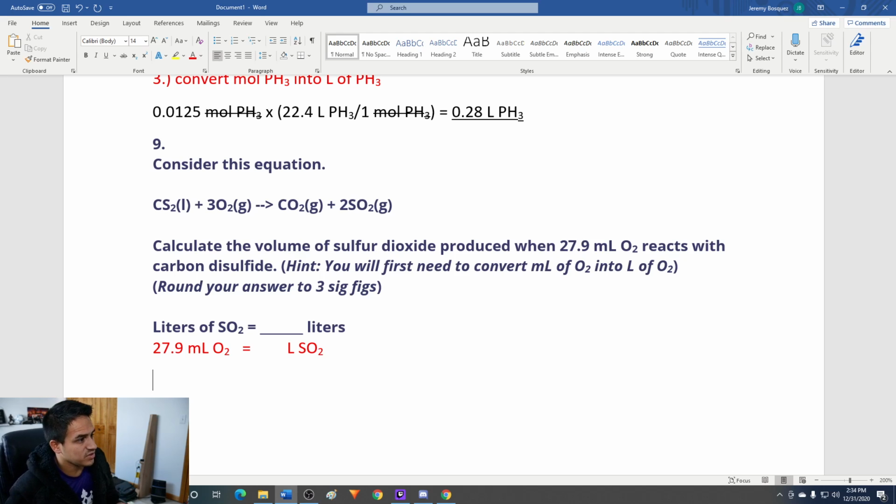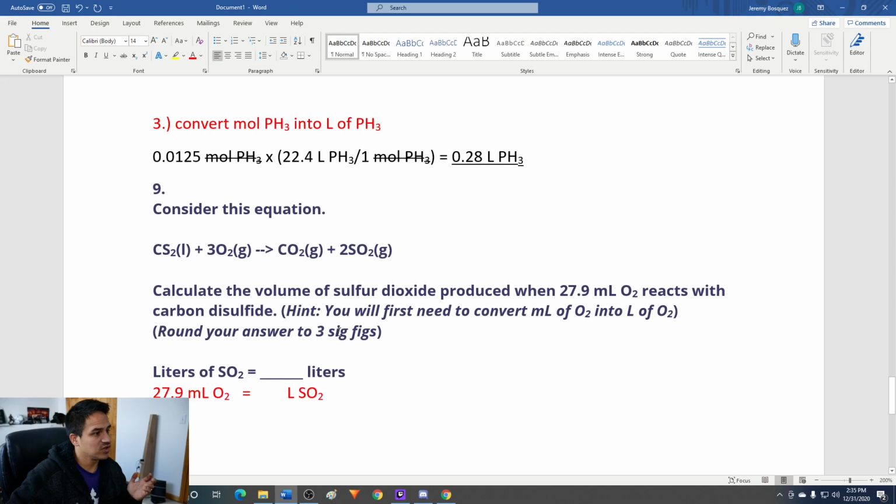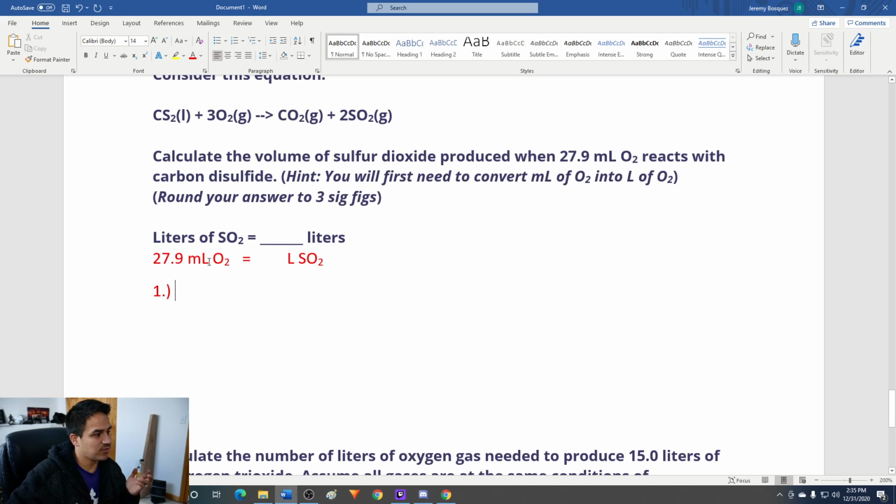All right, now there was a problem like this in the notes where because we are starting in milliliters, we need to convert our milliliters into liters first before we can get to moles. So step 1 is to convert milliliters of O2 into liters of O2.